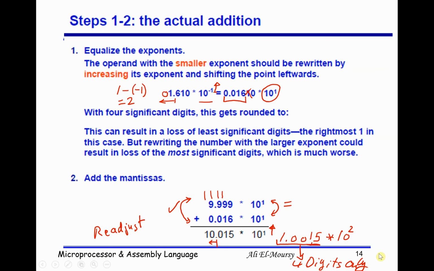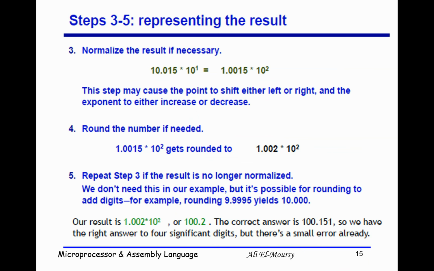As the slide shows, after getting the result and normalizing it, I have to round it to fit into the correct number of digits. For this second rounding, since I have 1.5, we usually round up, so 1.5 will be converted to the value 2. Now I have 4 digits and the exponent is 2.